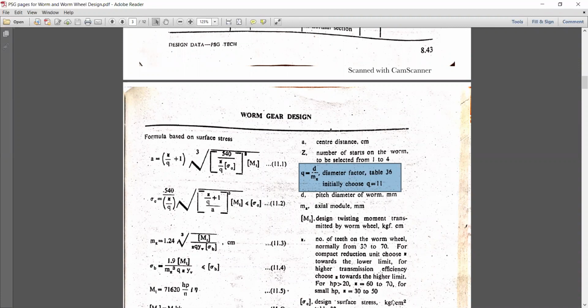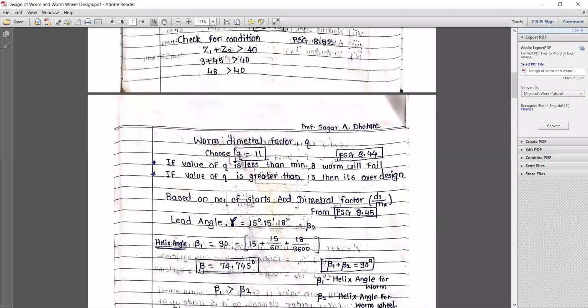Now we need to see what can happen if the diametral quotient, or diametral coefficient, changes. It plays an important role: if the value of q is larger, then the strength and the rigidity of the worm shaft is higher.